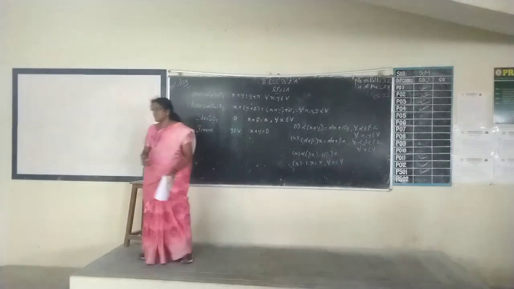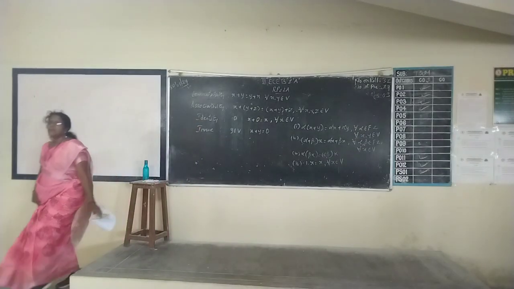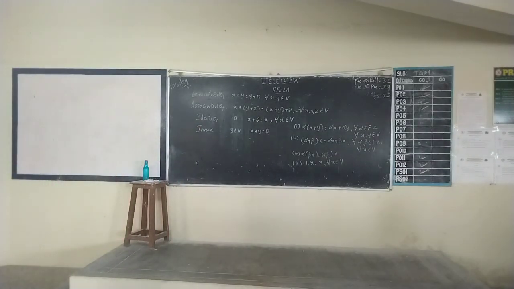What is the first condition under addition? Commutativity. Second one, associativity. Third one, identity. Fourth one, inverse. Multiplication has no names. First condition: alpha into x plus y should be equal to alpha x plus alpha y.